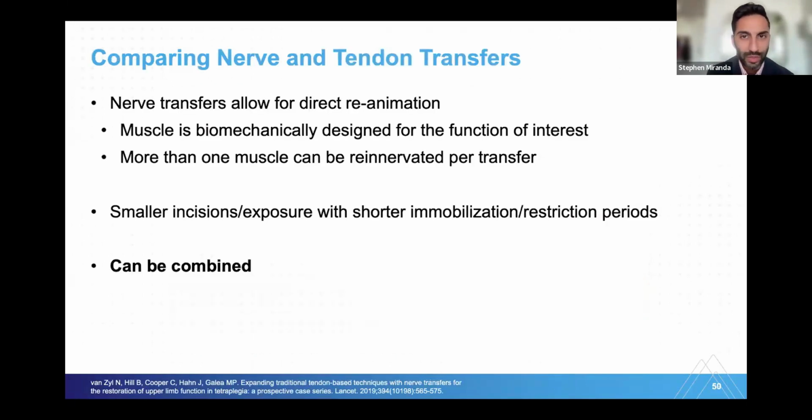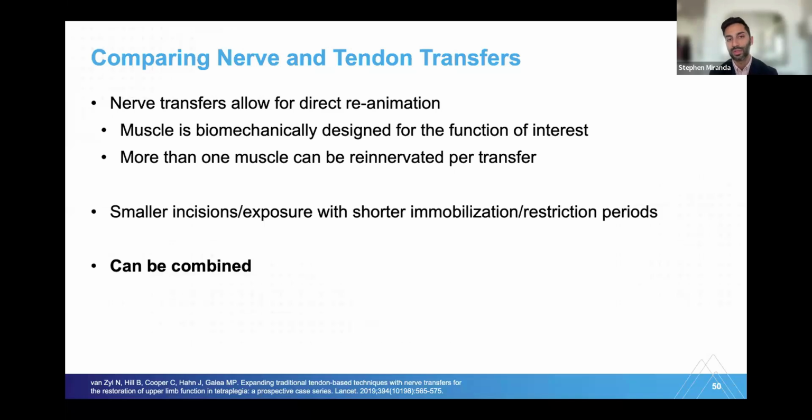So just a word on nerve transfers compared with tendon transfers. For a long time, tendon transfers were the workhorse for reanimating functions that were lost after spinal cord injury. Nerve transfers have some distinct advantages. By regenerating a muscle, that muscle is already mechanically designed to do that function.